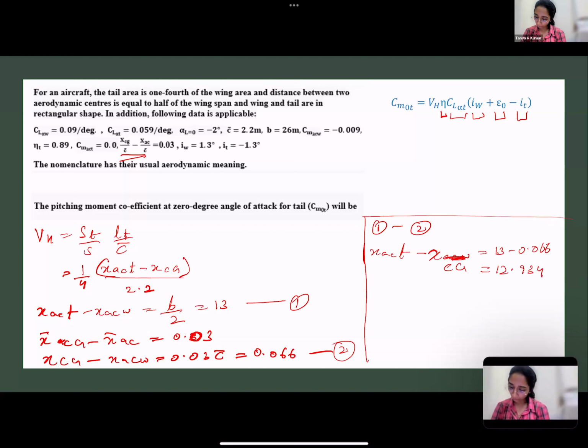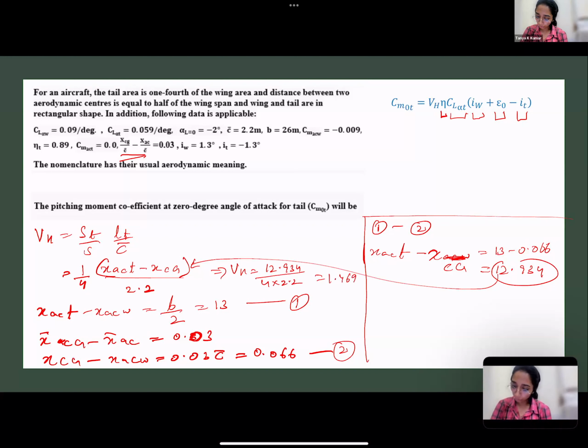So this value you plug in here and you get VH. So VH is equal to 12.934 divided by 4 into 2.2, which is, how much is VH? 1.469. Correct.